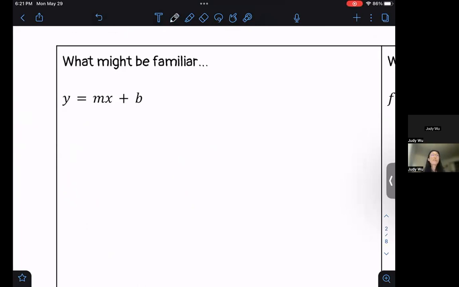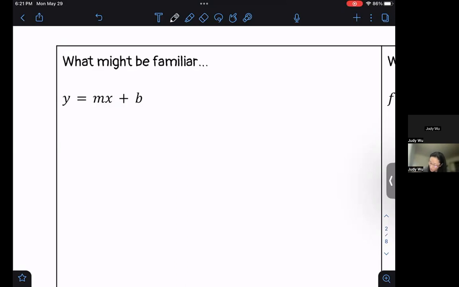Now, I bet if we were all in class together and I asked you to tell me about y equals mx plus b, we would say that it's a line. We might even know that b is the y-intercept, m is the slope. Maybe we could tell us other things about that line as well, okay? But what's important for us right now is that this is typically how we see a function written, right?